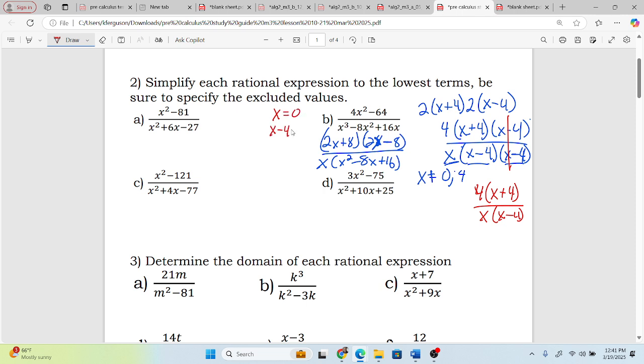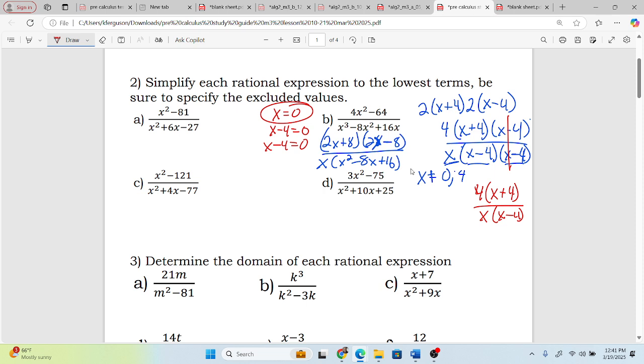I got x minus 4 equals 0, and another x minus 4 equals 0. I set those to 0 and solve. This one doesn't need to be solved; it just says x equals 0. So that's where I get that from. Does anybody have any questions on that? All right. Please watch that because that was tricky for a lot of folks.